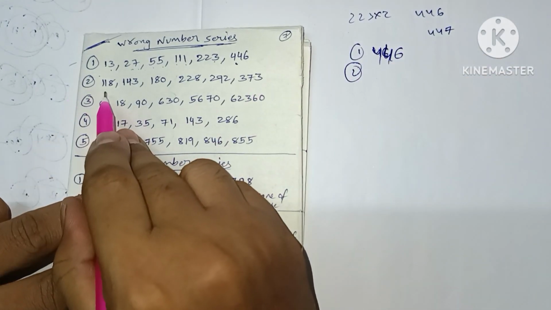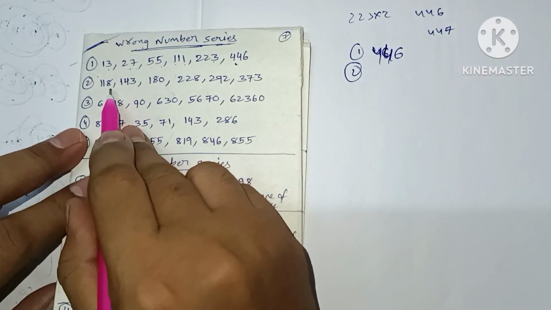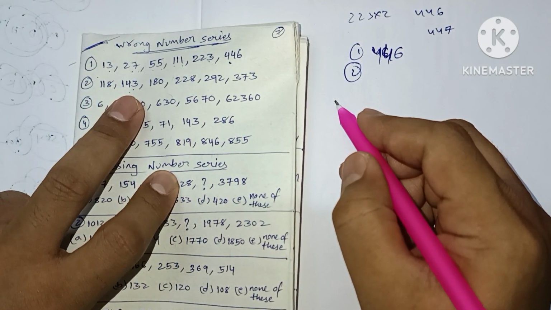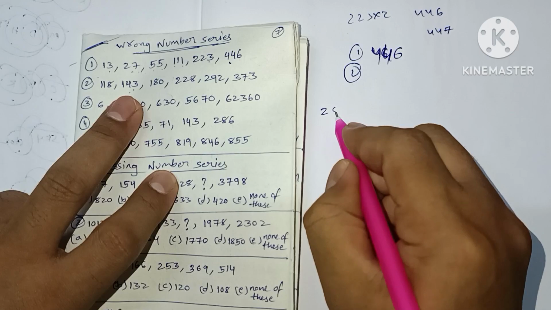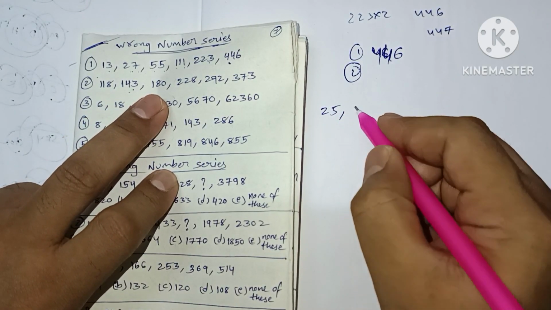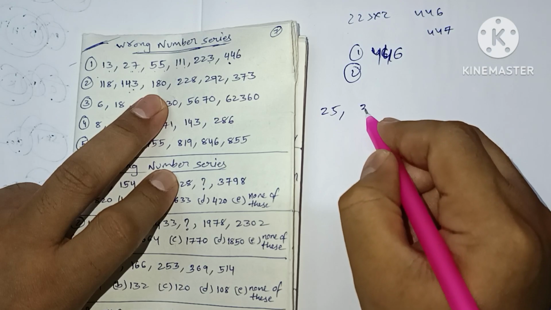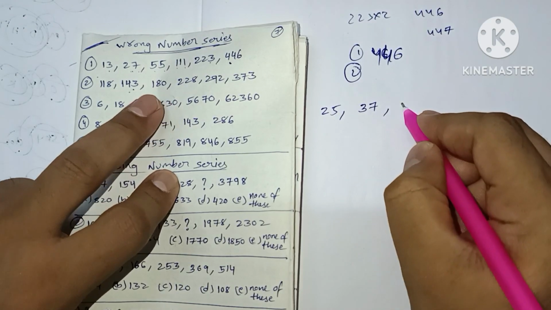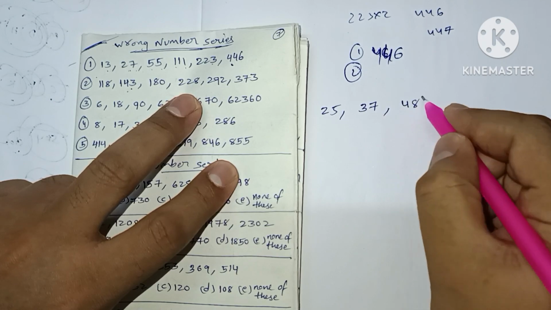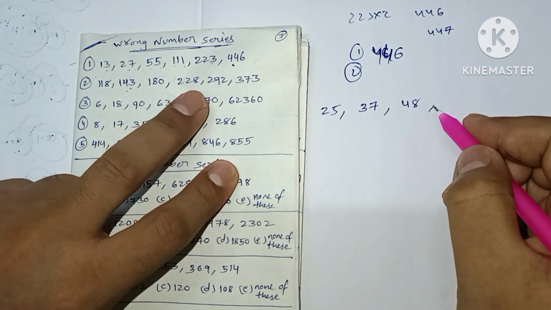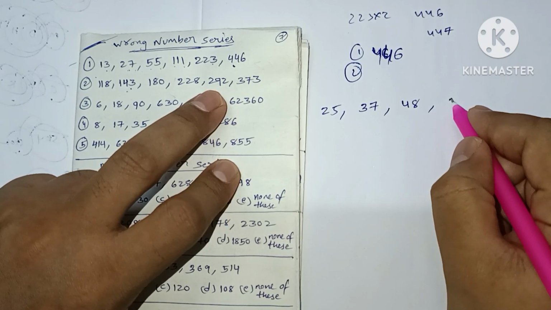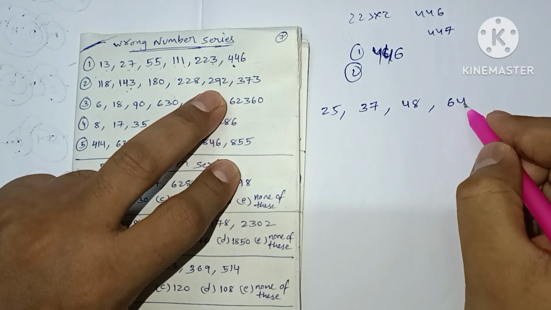Second question. The difference between 118 and 143 is 25. 143 and 180, the difference is 37. 180 and 228, the difference is 48. 228 and 292, the difference is 64.